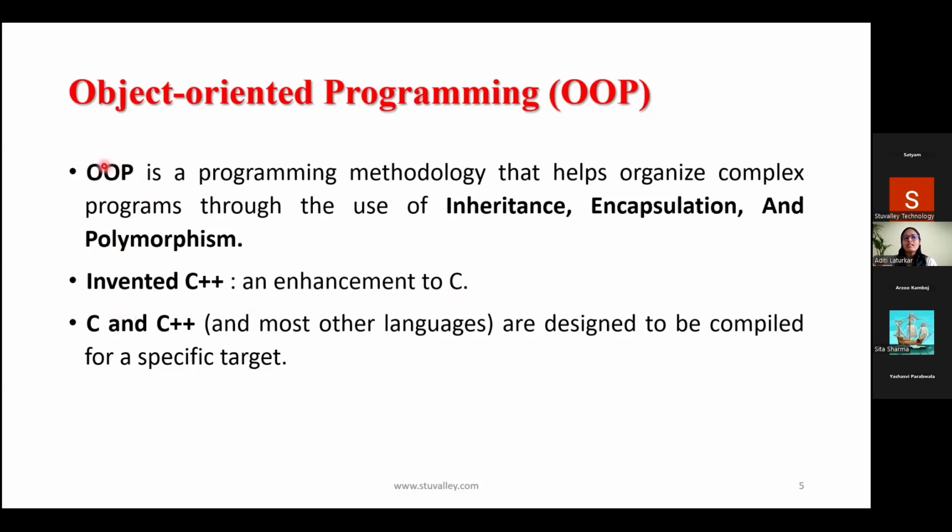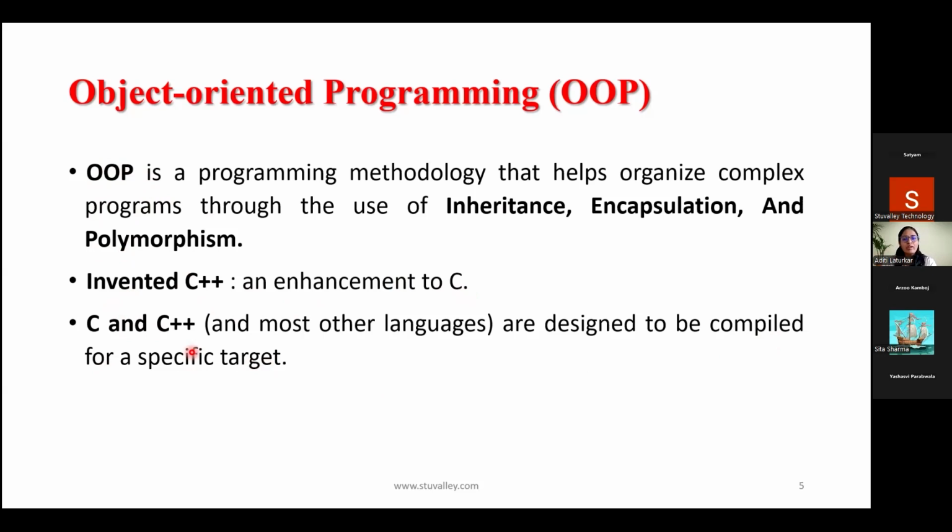Then C and C++ were working fine until one drawback occurred: the programs or applications of C and C++ were designed to be compiled for a specific target. Designed to be compiled for a specific target means if we are developing an application on a Windows system, it will only compile and execute on another Windows system.